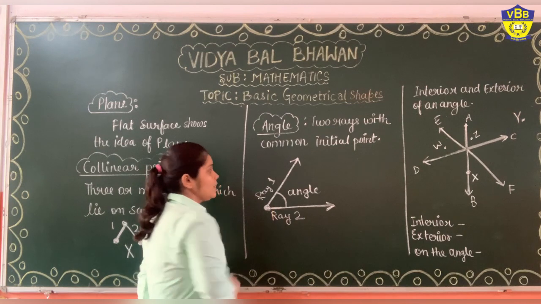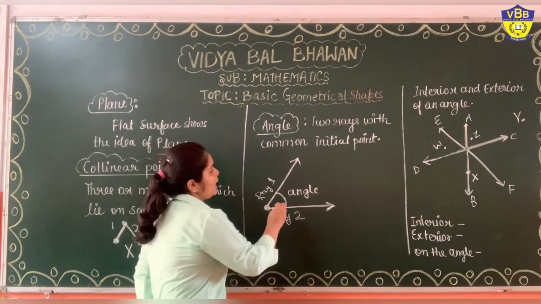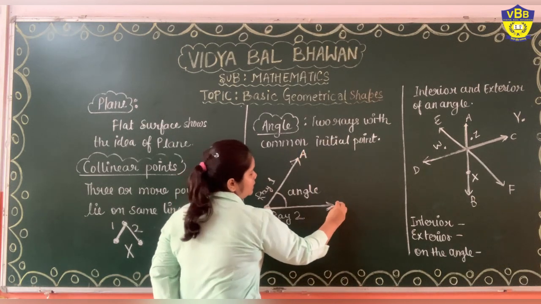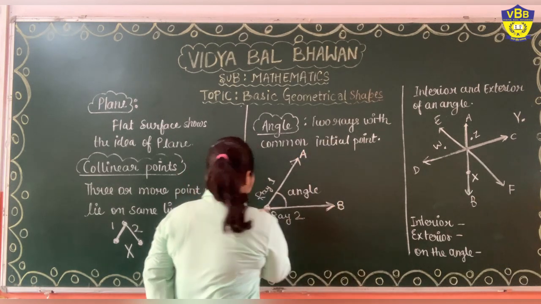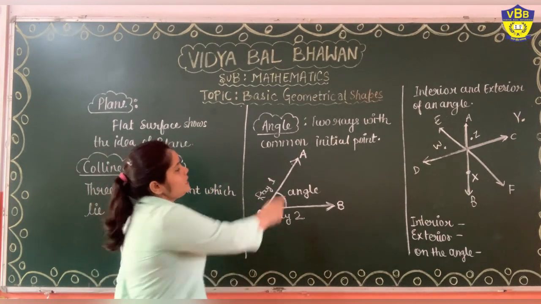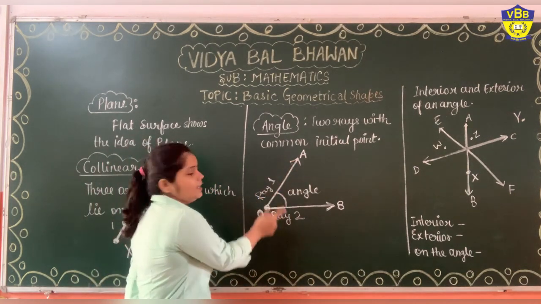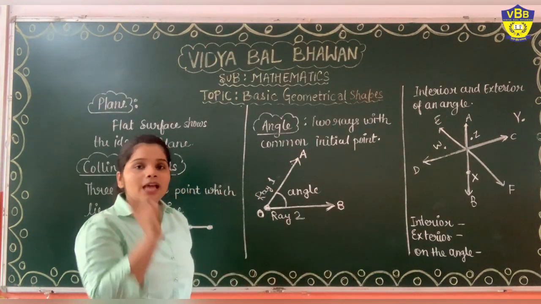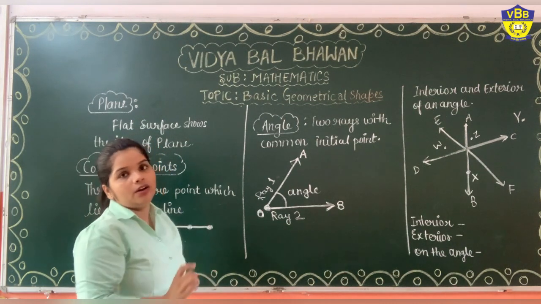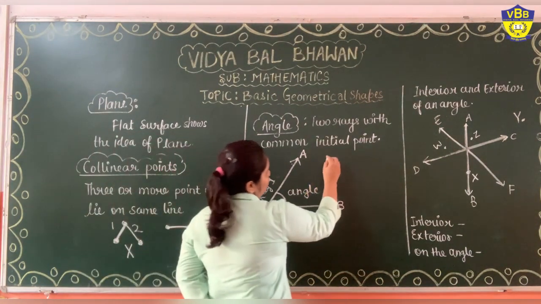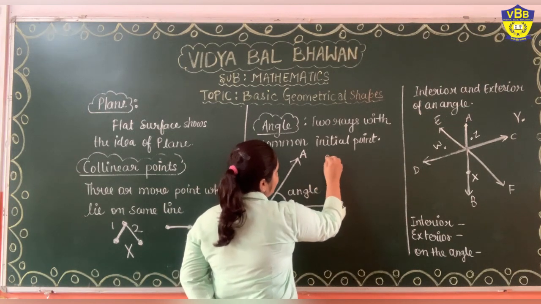Now if I give some names to these rays, it is A, B, and here it is O. Ray number 1 and ray number 2 are basically called sides of the angle or arms of the angle.